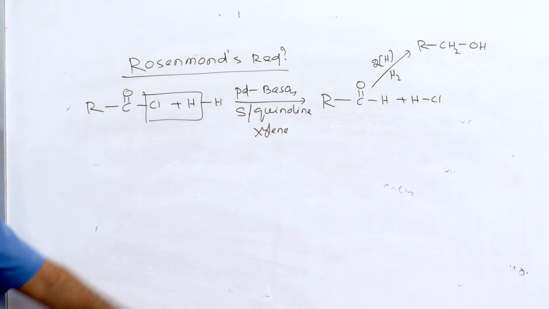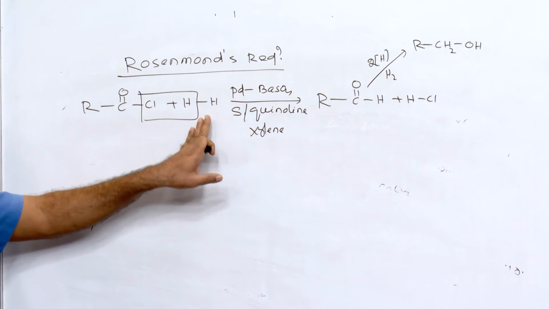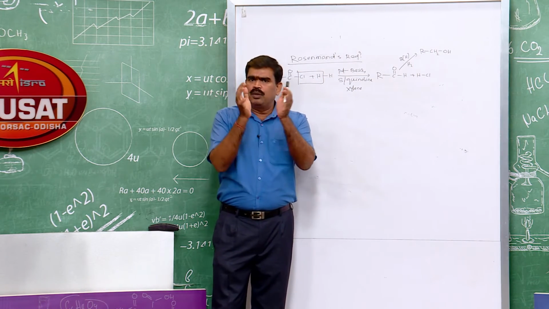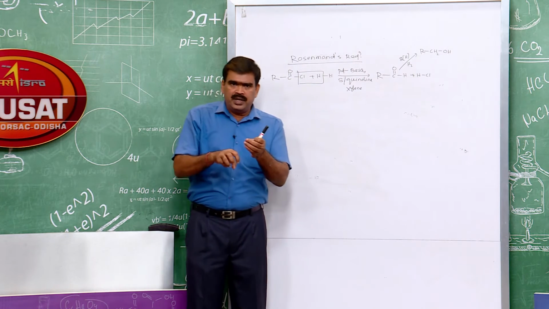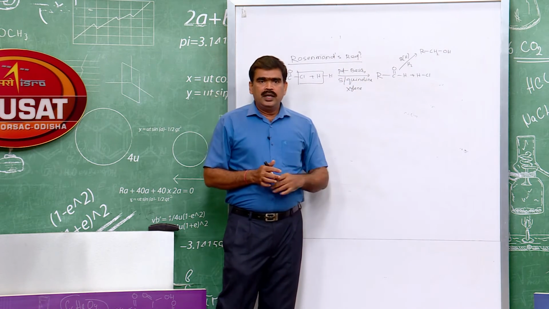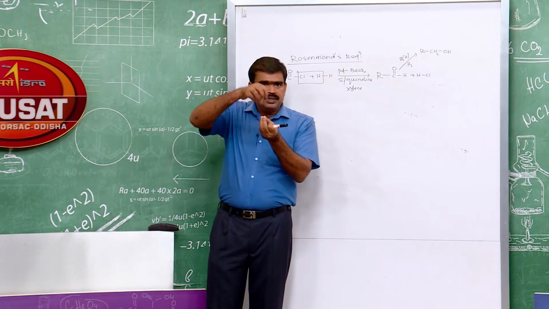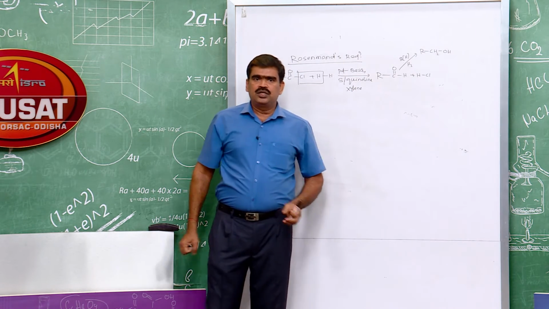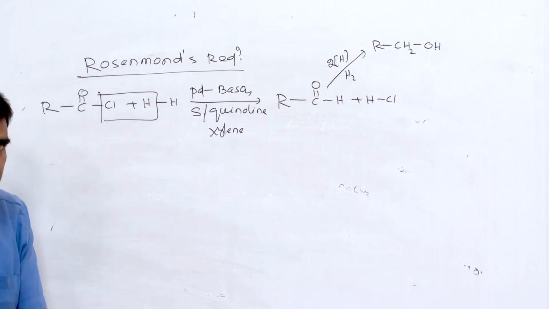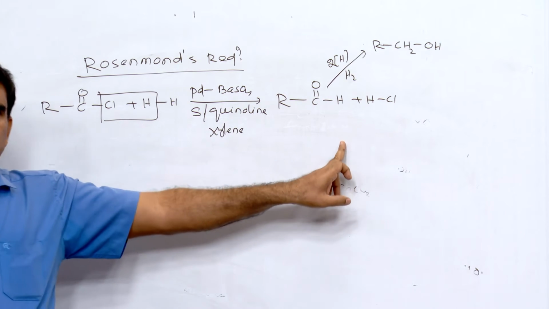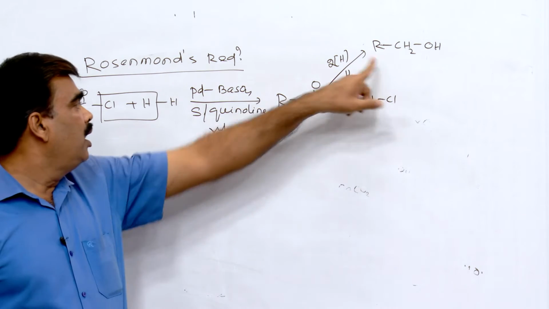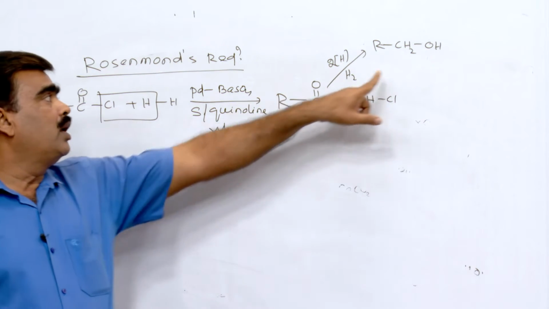So the reaction has to be stopped here, therefore we do partial reduction. How? This palladium catalyst absorbs hydrogen gas sufficiently, so it is necessary to deactivate its surface, by using sulfur or quinoline. Their job is to block a large number of active sites on its surface and decrease the concentration of hydrogen. If the amount of hydrogen decreases, reduction will not be complete, the reaction will stop here, and we get the aldehyde. That is what we want. If complete reduction happens and we cannot deactivate it properly, you will get primary alcohol.